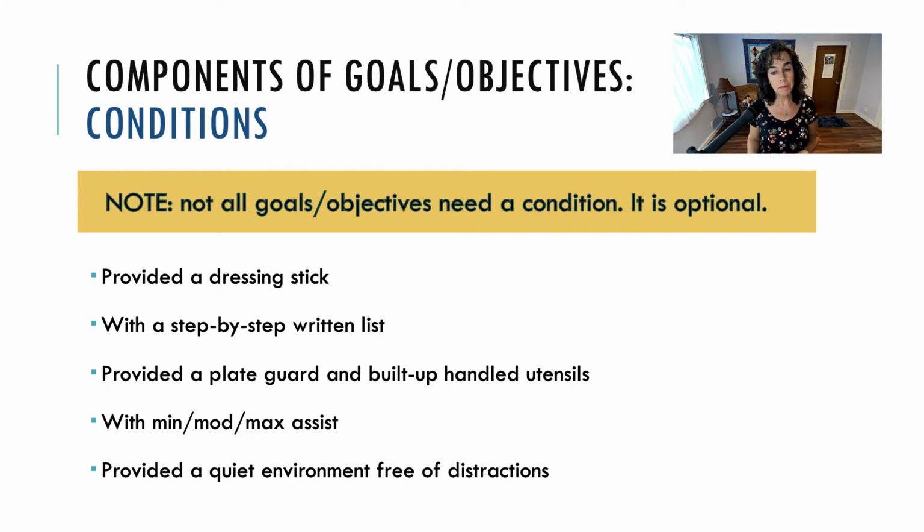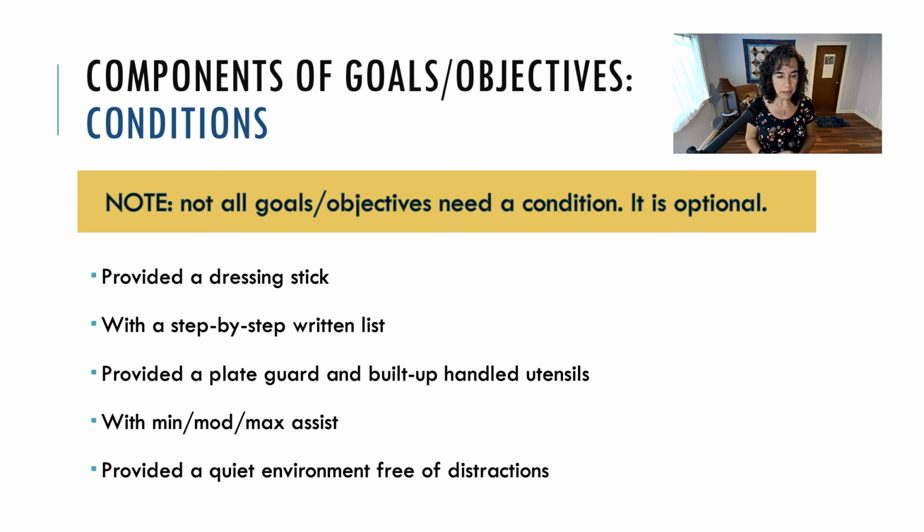The plate guard and built-up handled utensils would be a motor issue. Level of assist applies across the board. Sometimes we would also specify like with verbal prompting. So it can be a very wide range of actual person assist. And it can be the OT, but it could also be the classroom teacher, the caregiver, etc.